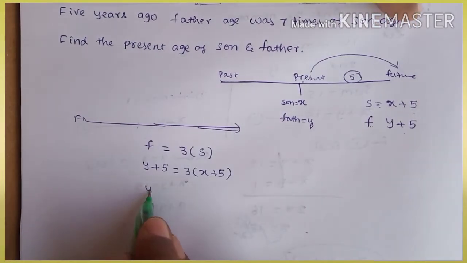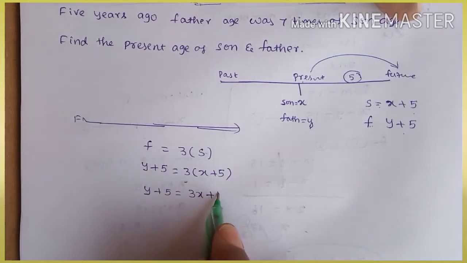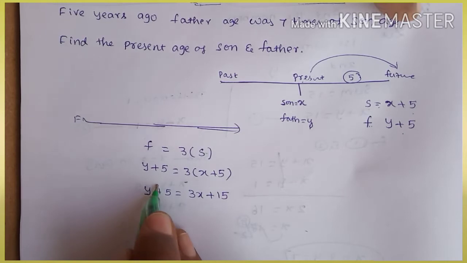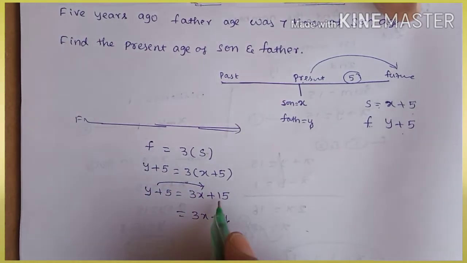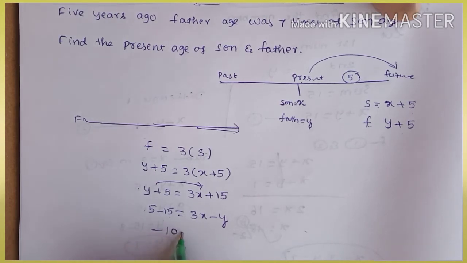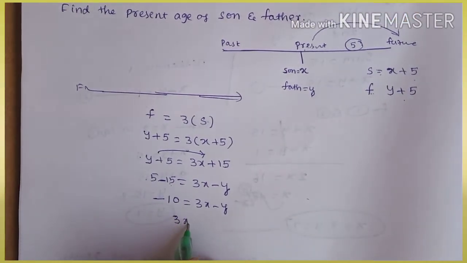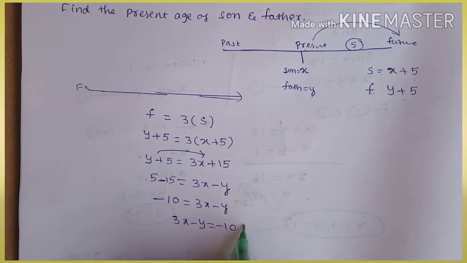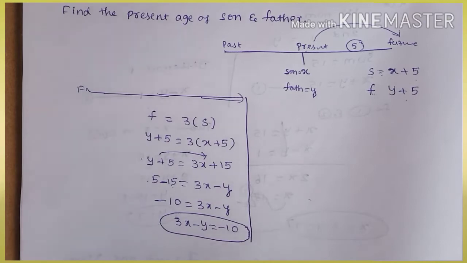Now y plus 5 is equal to 3x plus 15. Transpose y this side, 3x plus 15 minus 5, transpose 15, 15 minus 5 is equal to 10. So that is minus 10 because this is the highest value. 3x minus y is equal to minus 10. This is the first equation.